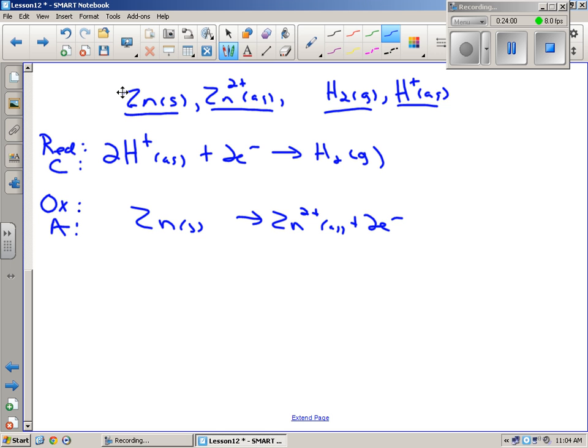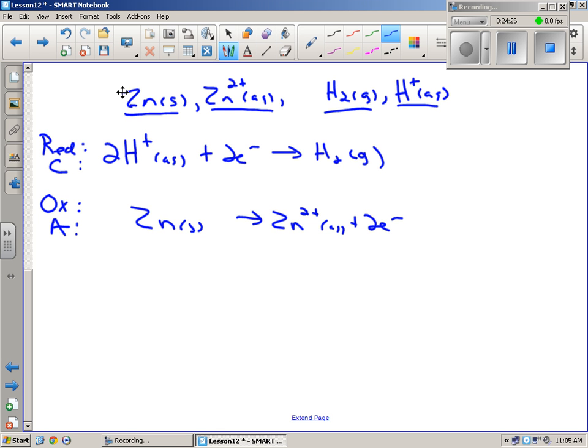And the answer is, well, if you pick H2 as the SRA, working your way up, and you pick zinc 2 positive, because people say, oh, well, I know zinc 2 positive, right? My question to you is, is that a spontaneous reaction? That's the key. You have to make sure it's spontaneous, all right?